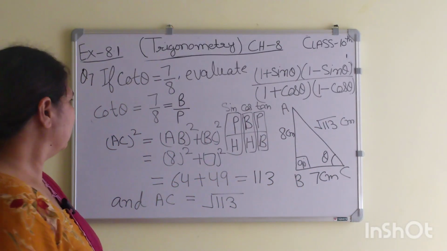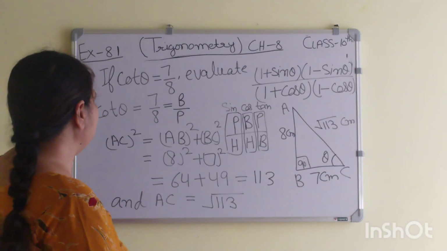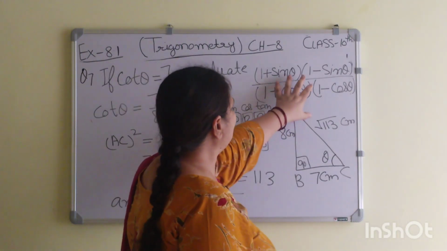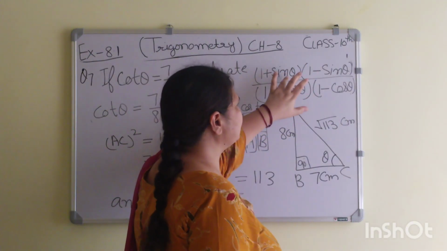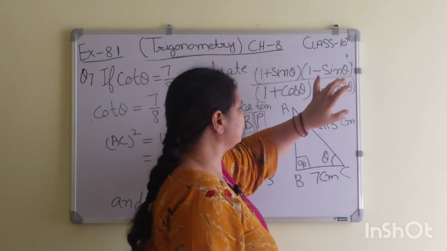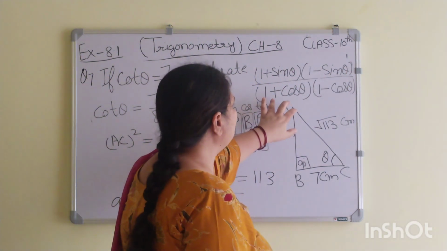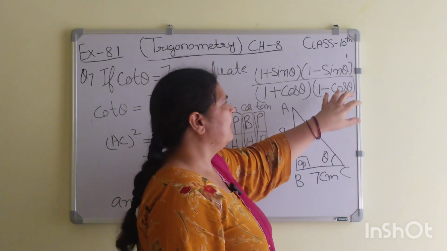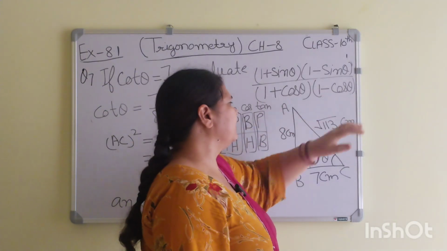Okay students, now we will find the value of this: (1 plus sin theta)(1 minus sin theta) upon (1 plus cos theta) multiplied by (1 minus cos theta).